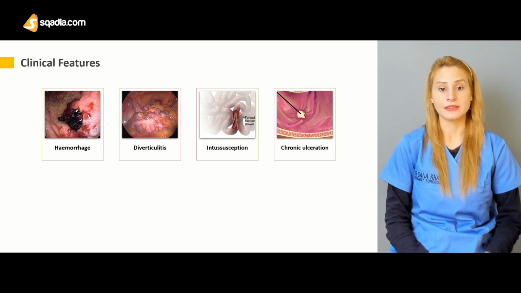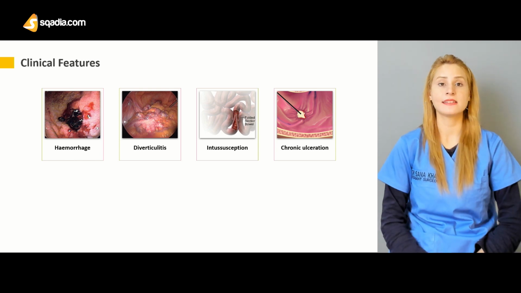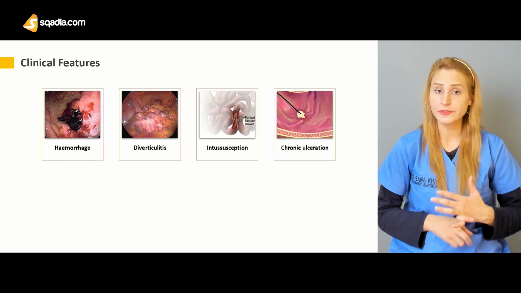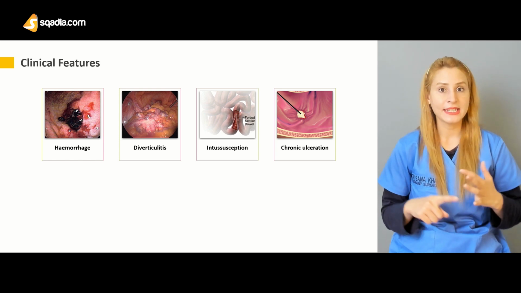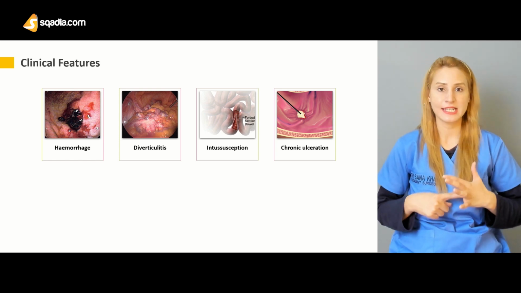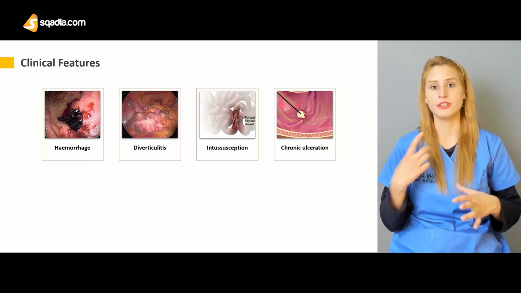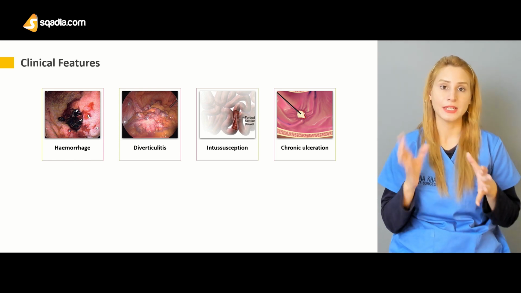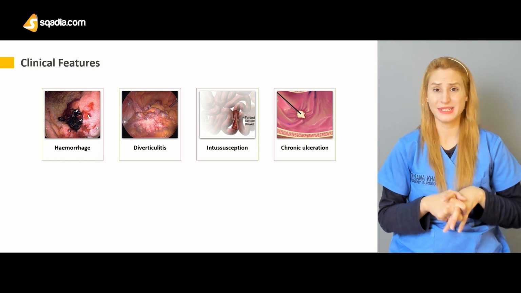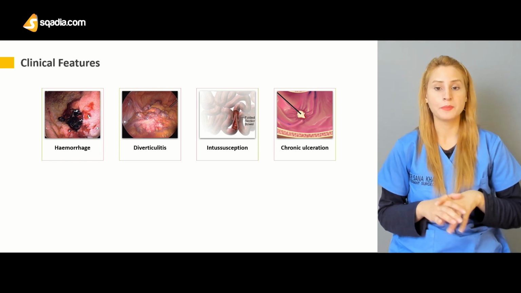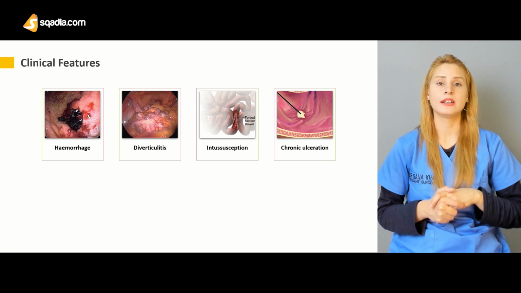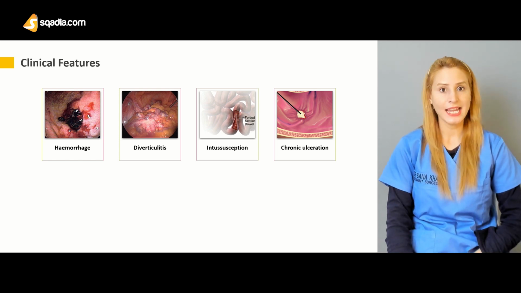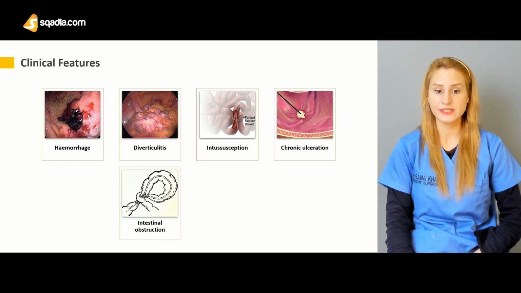The patient can present with signs of diverticulitis: fever, vomiting, anorexia, and tenderness in the right iliac fossa, and you can mistake it for acute appendicitis. There can be intussusception, or the patient can present with hemorrhage or bleeding. So these are the clinical features.